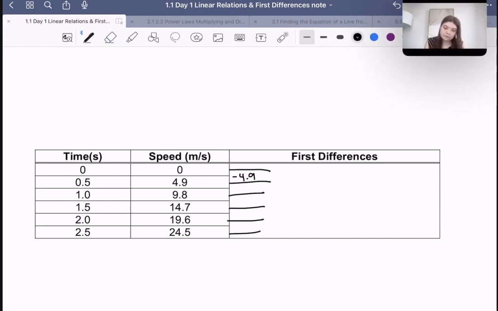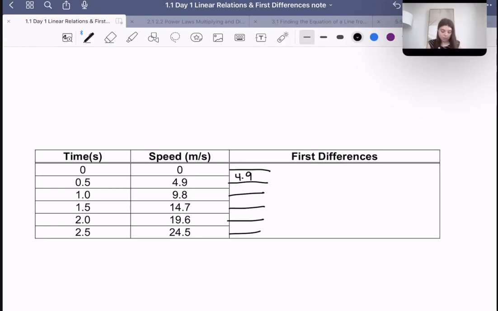And in terms of which order you do it in, whether you do 0 minus 4.9 or 4.9 minus 0, it actually doesn't matter as long as you stay consistent. If we start here and subtract this one, that's fine, but then we must start here and subtract the 4.9 again. We have to go in the same order to get this right. I'm actually going to do 4.9 minus 0. I like that a little bit better, and that's going to give us 4.9.